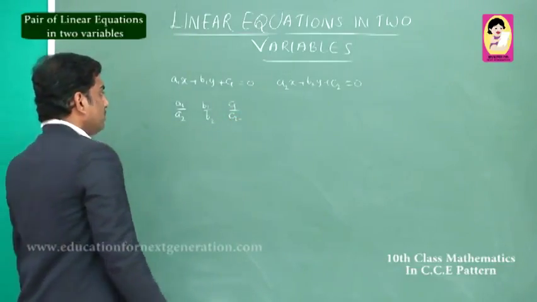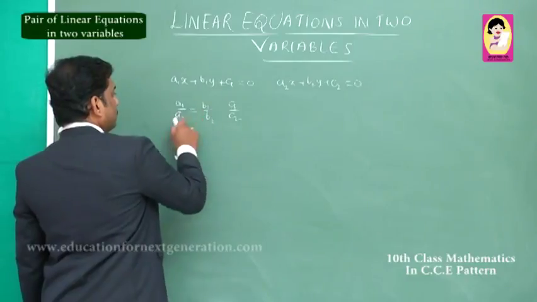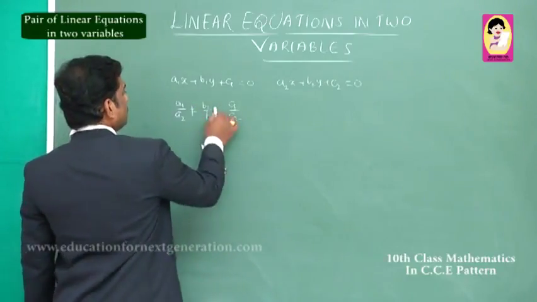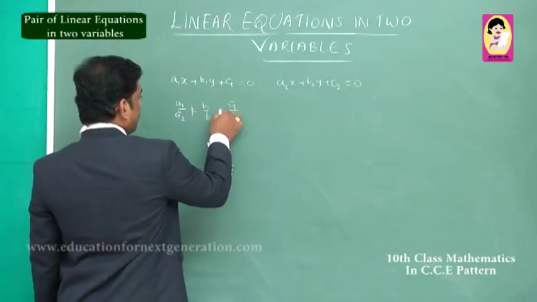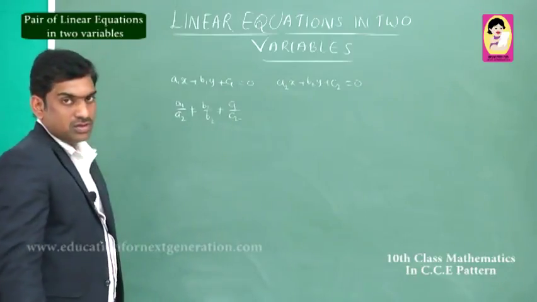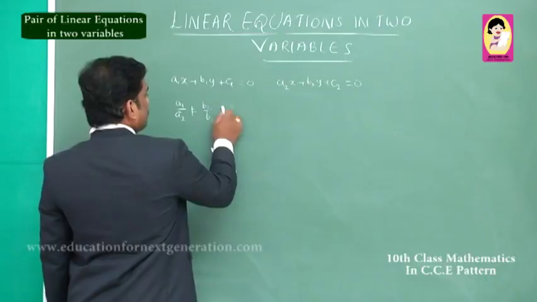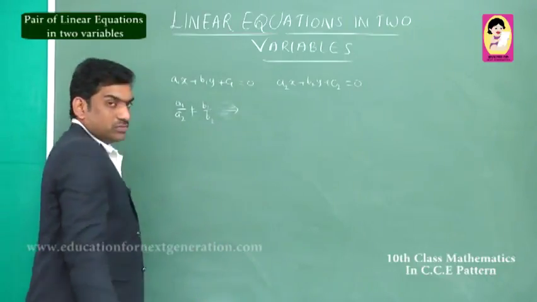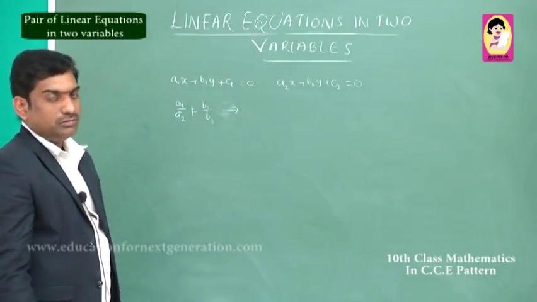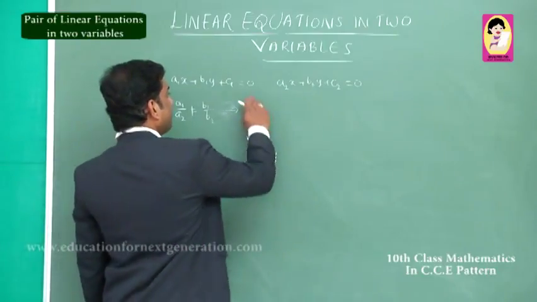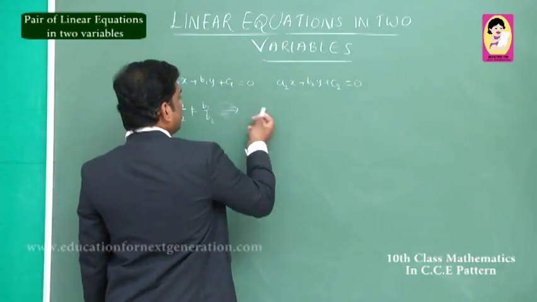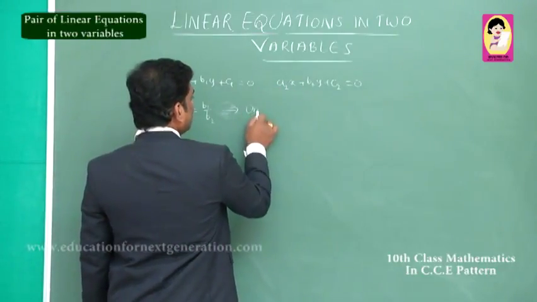Now in the first case, a1 by a2 is not equal to b1 by b2, or simply we can consider a1 by a2 is not equal to b1 by b2. Then we will say these two linear equations will have a unique solution.